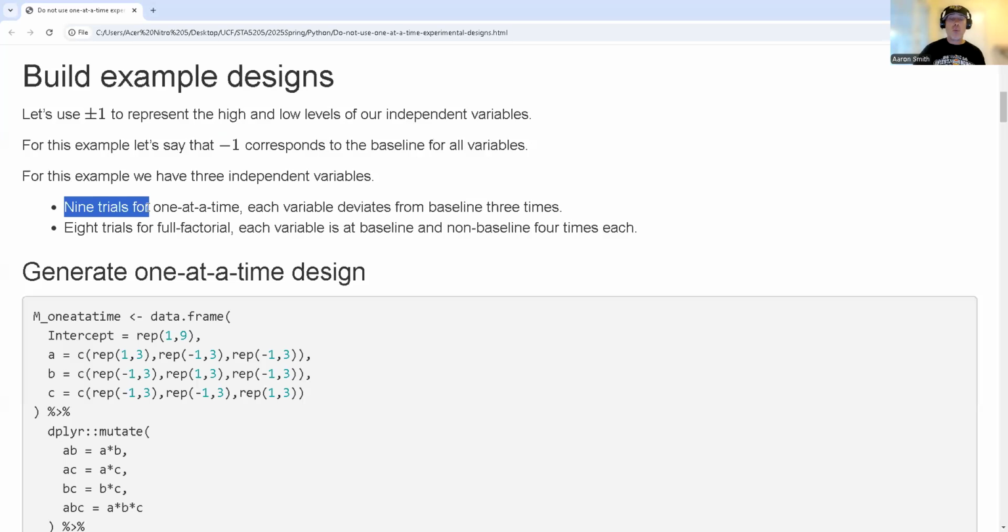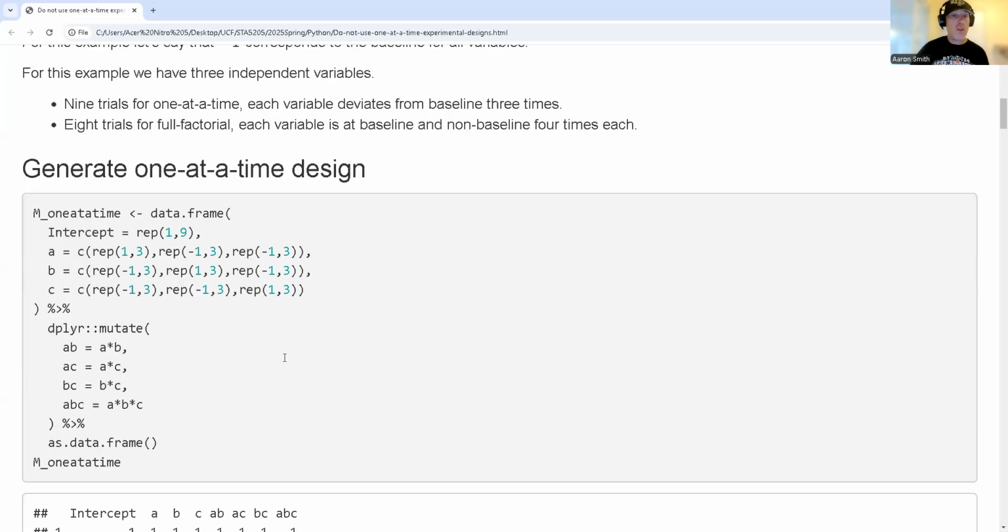I'm going to have 3 main effects, and each variable is going to deviate from baseline 3 times. So each main effect is going to be -1 6 times over all the experiments, and +1 3 times. Now the second design uses my 3 main effects, and I'm going to do 8 trials of full factorial. Here, each variable is going to be baseline half the time and non-baseline half the time.